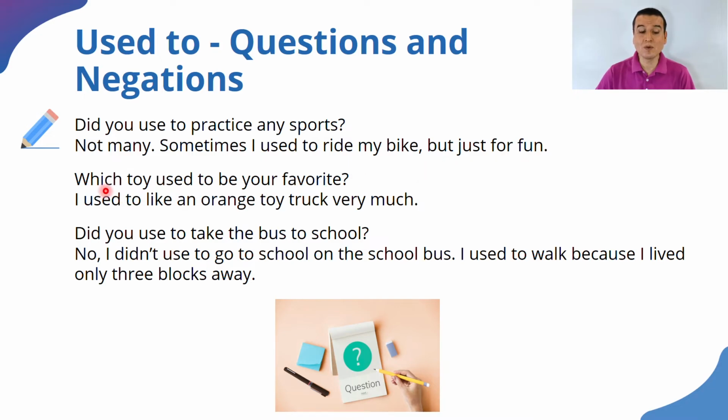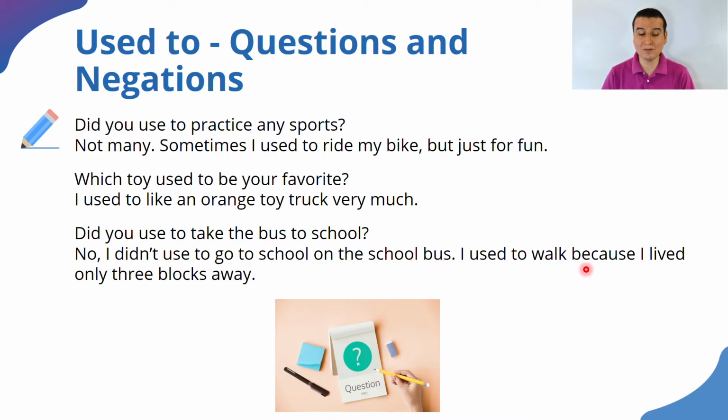All right. Which toy used to be your favorite? Here we're not using an auxiliary because we're asking about the subject of the sentence. Remember that. Which toy used to be your favorite? I used to like an orange toy truck very much. All right. Next, did you used to take the bus to school? No, I didn't used to go to school on the school bus.